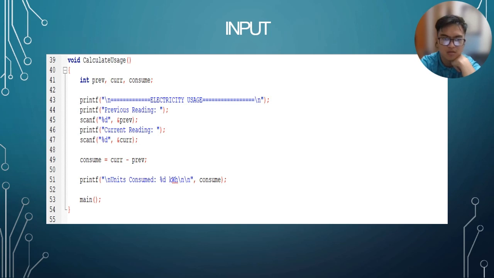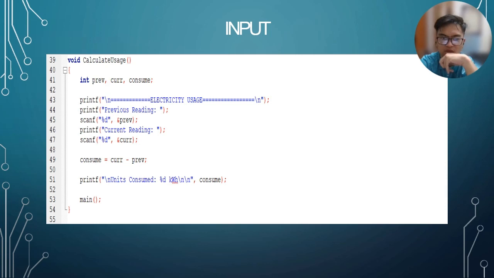First of all, with the print function, we're going to print out the part where it shows the electric usage, the previous reading, and it will scan the previous variable, and for the current reading, it will scan the current variable.